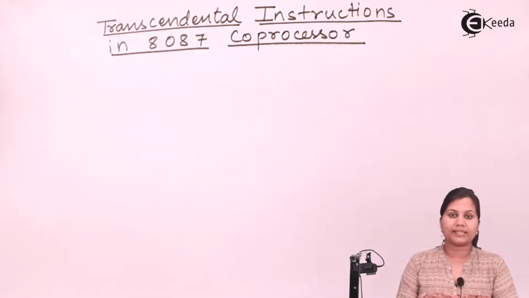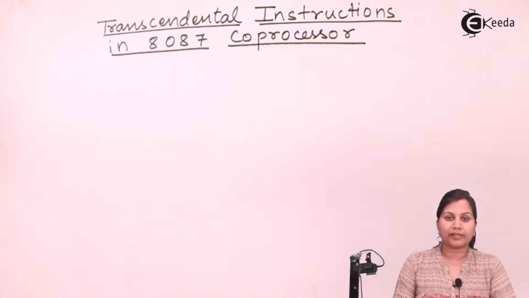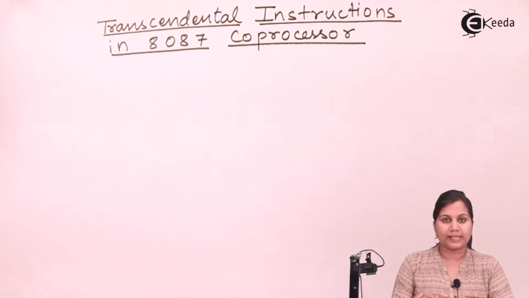The 8087 coprocessor is the first math coprocessor which was developed by Intel to pair with the 8086 and 8088 microprocessor family. This coprocessor is used to perform very high speed calculations, and also calculations which involve very large numbers or very small numbers or floating point numbers.